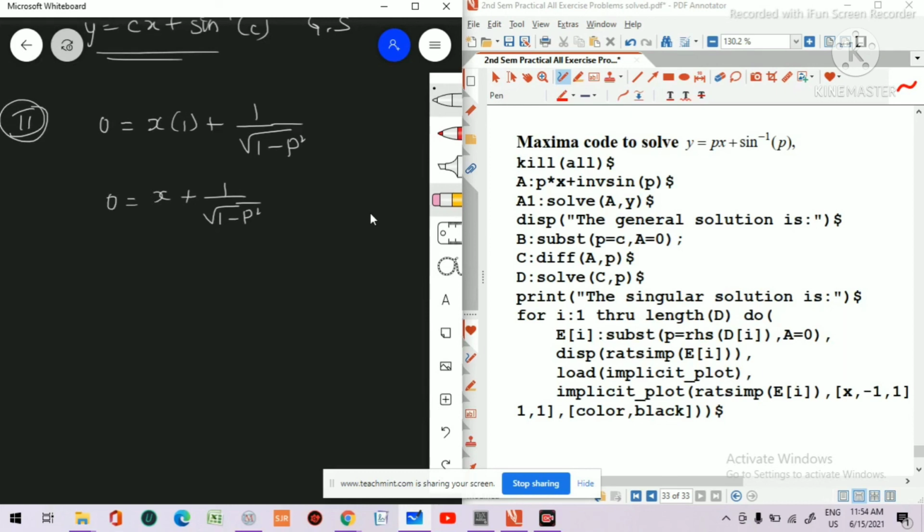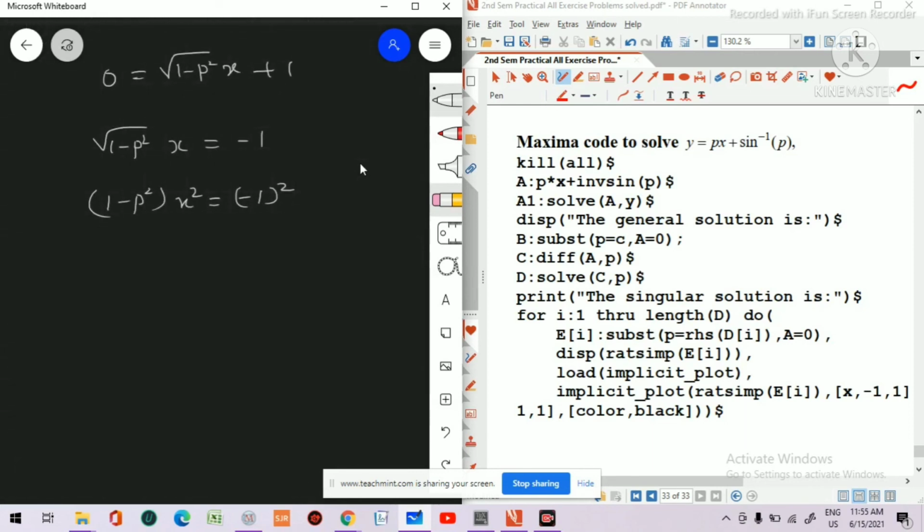Now take the LCM over there. Square root of 1 minus p square into x plus 1 is equal to 0. Is it correct? Yes, sir. When we cross multiply the denominator, it will be 0. So this can be written as square root of 1 minus p square into x is equal to minus 1. Now squaring on both sides, I'll get 1 minus p square into x square is equal to minus 1 whole square.